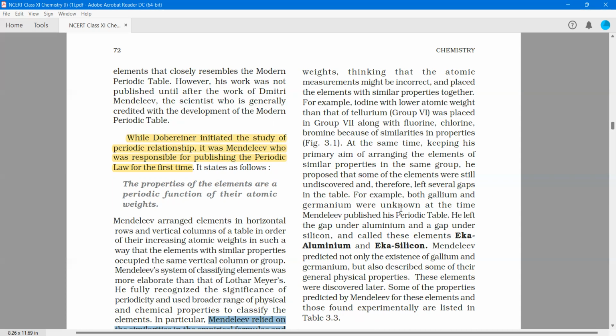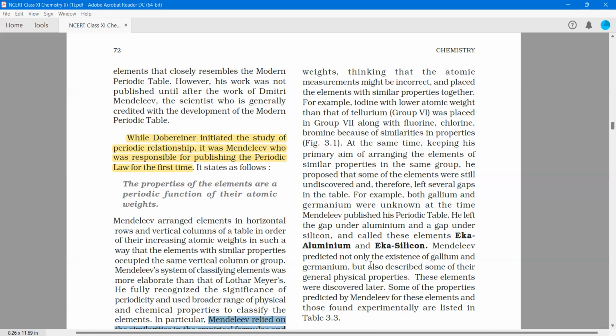For example, both gallium and germanium were unknown at the time Mendeleev published his periodic table, so he left spaces for gallium and germanium, a gap under aluminum and a gap under silicon, and called these elements eka-aluminum and eka-silicon. Okay, मतलब एल्यूमिनियम के नीचे स्पेस छोड़ दिया, सिलिकॉन के नीचे स्पेस छोड़ दिया, बोला कि यहाँ पर एलिमेंट्स अभी फिट नहीं हो पा रहे, आगे एलिमेंट्स डिस्कवर होंगे तो फिट हो जाएँगे.